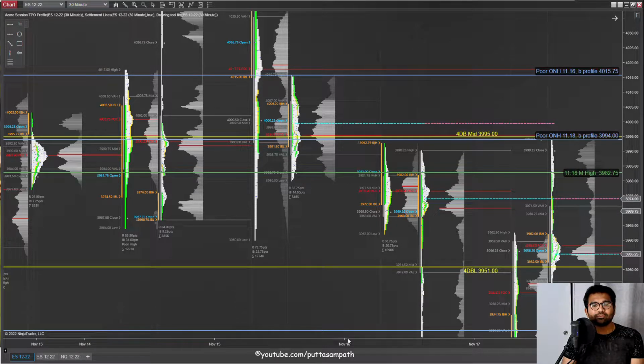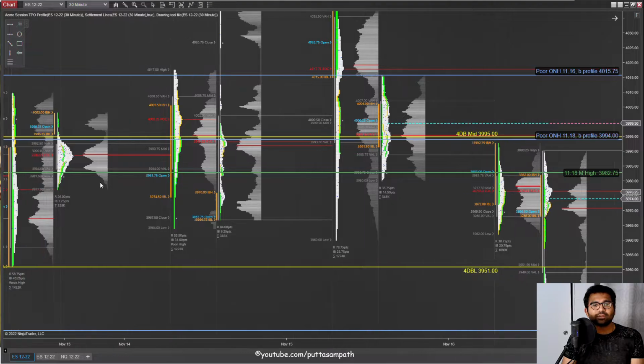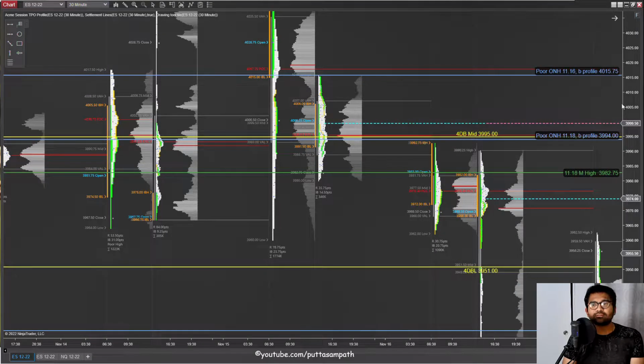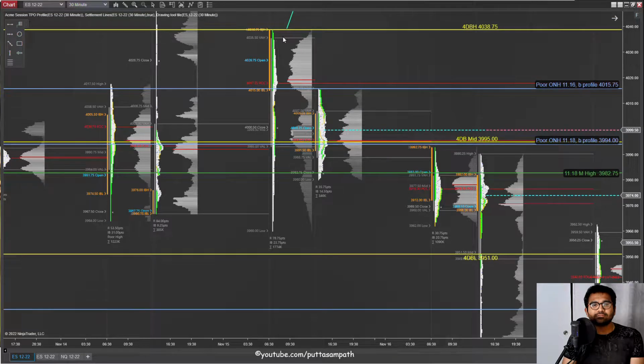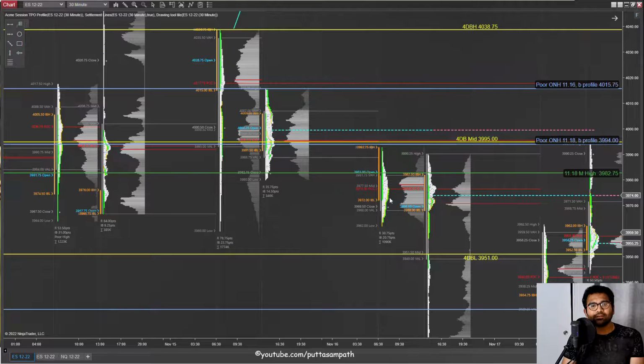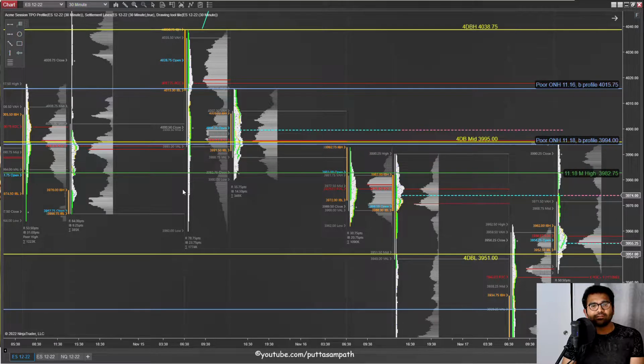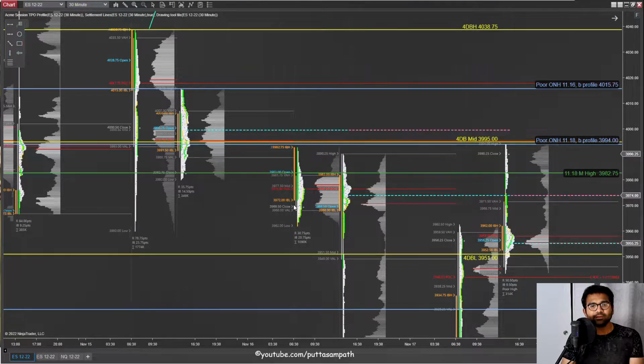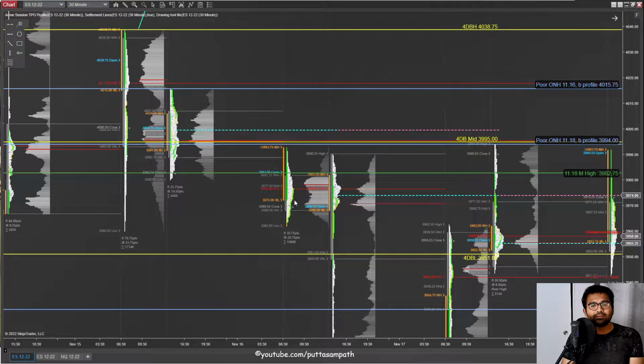So if you notice one thing, the value area of Monday, which is this guy right here, is overlapping with Tuesday's value area, which is from this area to here. So you have an overlapping range, which makes it a 2-day balance. And then the following day we had stayed mostly within Tuesday's range, and that makes it a 3-day balance.